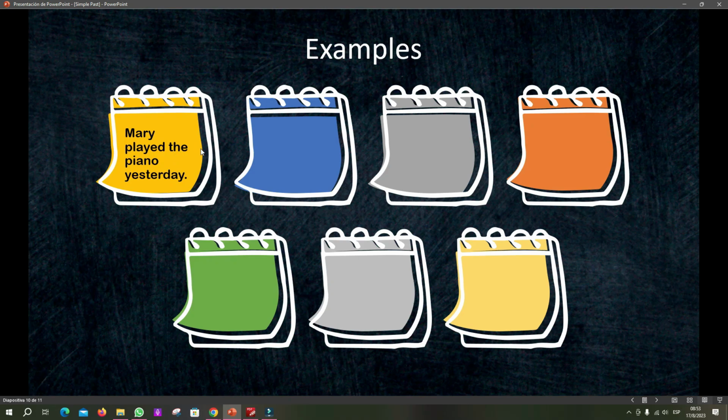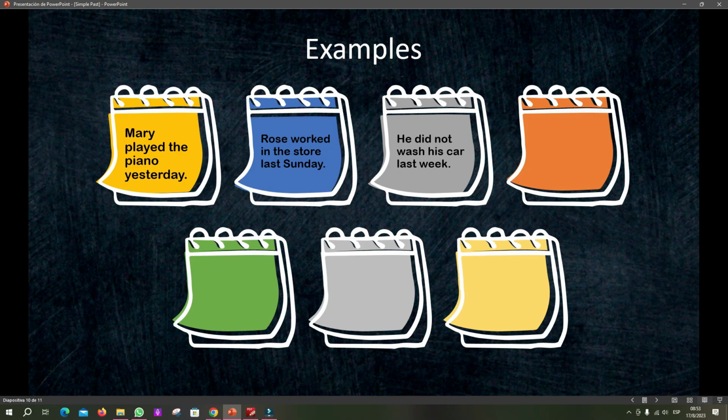So this is an affirmative one, okay? What about this one? Rose worked in the store last Sunday. So, subject, Rose, work, that will be the verb in past. In the store last Sunday, that is the complement, right? So, Rose worked in the store last Sunday.